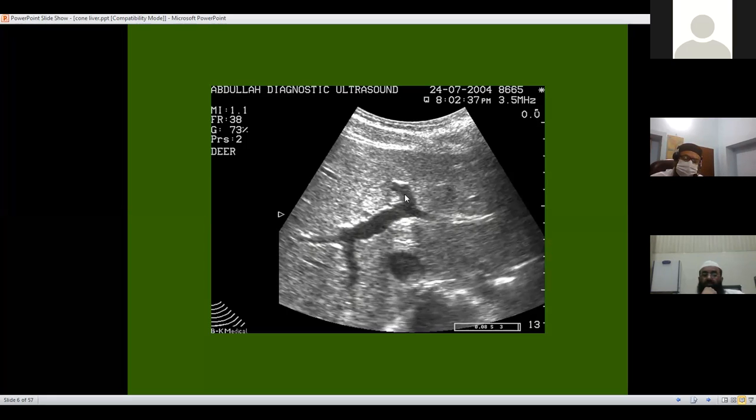This is the neck, this is the body of the deer. And you will appreciate the gallbladder, which is riding the deer. Sometimes it appears as a squirrel with a bushy tail, the gallbladder. We will show you in a moment.